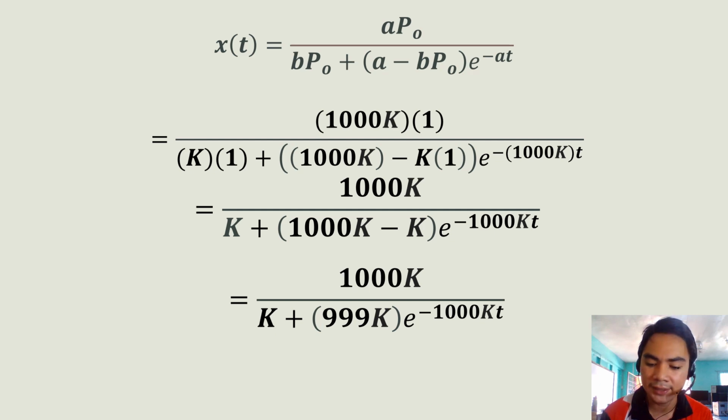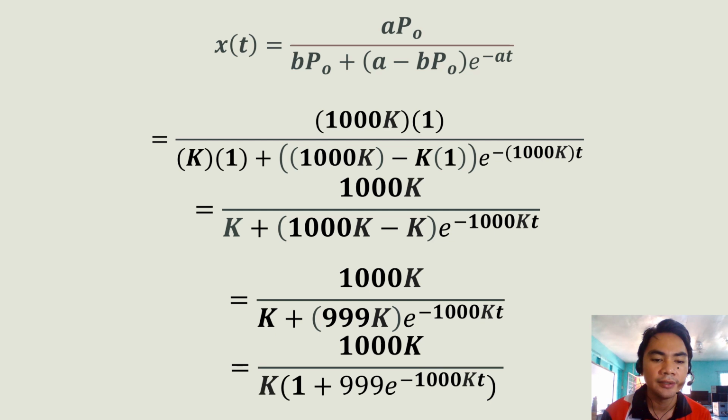And let us factor out the K. By this, we have 1000K all over K, quantity of 1 plus 999 e raised to negative 1000K times t. By this, we're able to cancel out, since K divided by K is 1. So, K cancels.